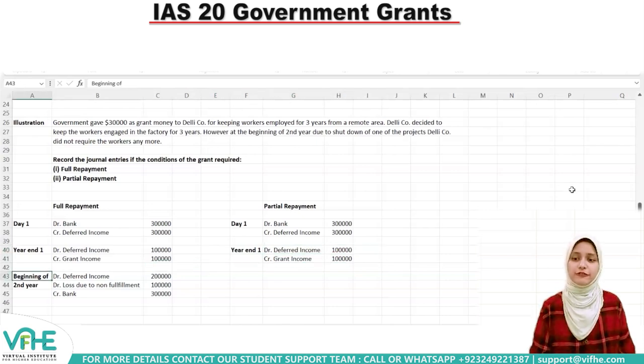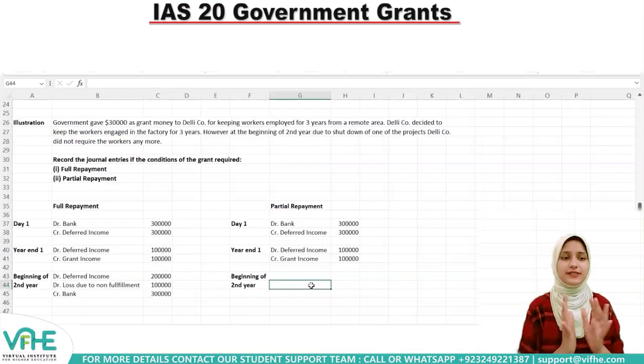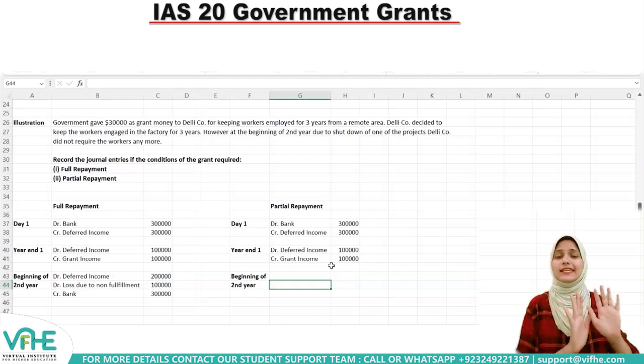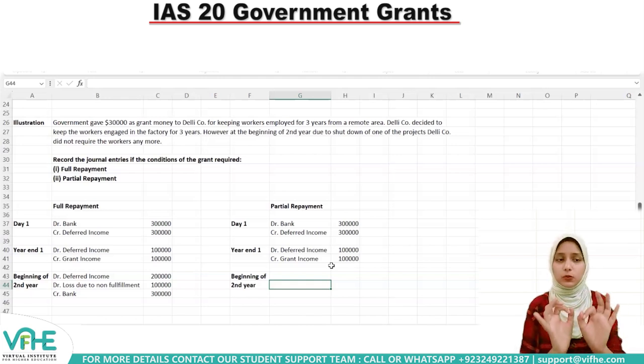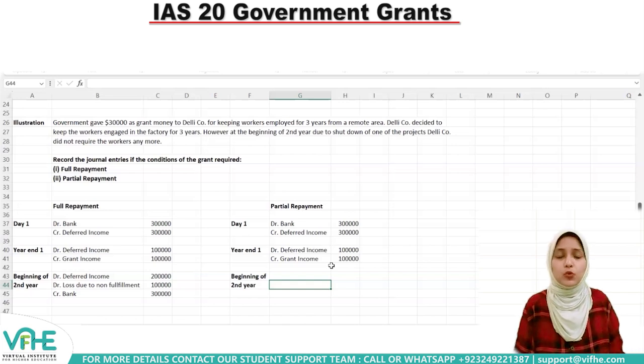Now, at the beginning of your second year, things will change here. Understand that at least for 1 year we have kept the workers employed, so that much money we deserve. So I will not try to negate the impact of the grant income of 100,000 recorded last year. I'll let that stay there. That grant income recorded is perfect because as per the conditions, only partial repayment is required, only to the extent I've not fulfilled the contract. To what extent have I not fulfilled it?